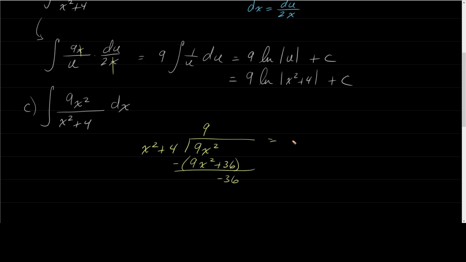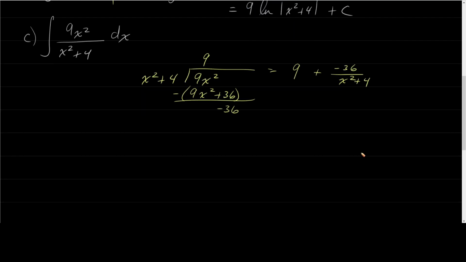So what this tells me is that my original fraction is equal to just 9 plus negative 36 over x squared plus 4. That means this original integral can now be rewritten as the integral of 9 minus 36 over x squared plus 4 dx.